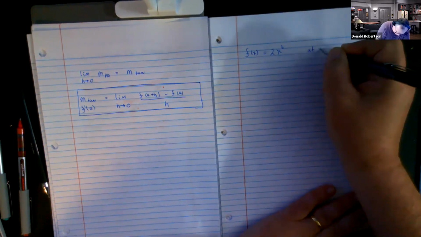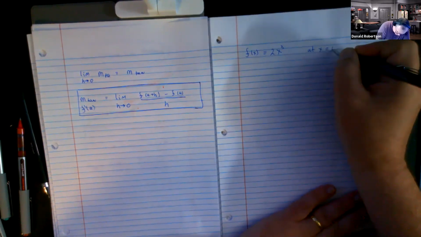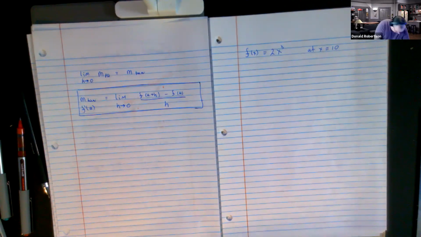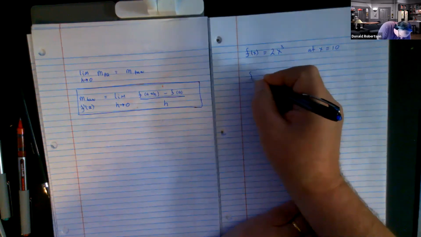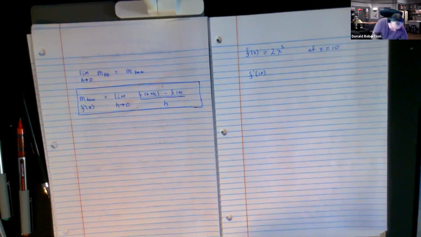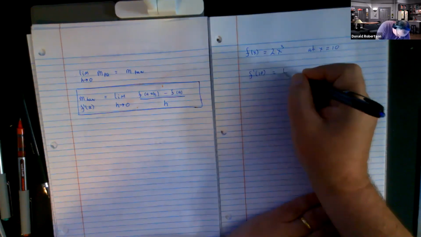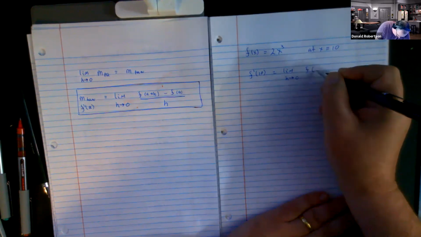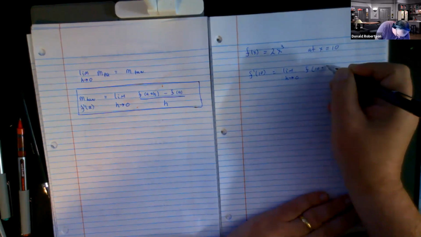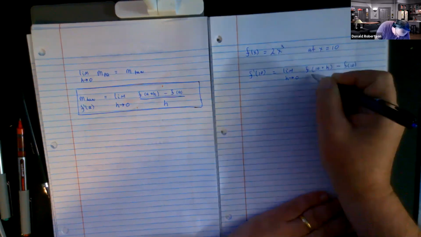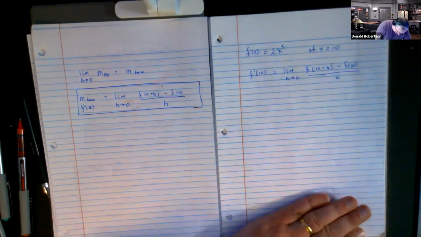Let's find the slope of the tangent line at x equals 10. Then f dashed of 10, right? Let's use that notation. The slope of the tangent line at 10 is going to be the limit as h tends to 0 of f of 10 plus h, take f of 10, all over h.